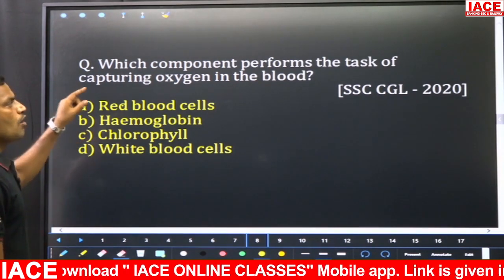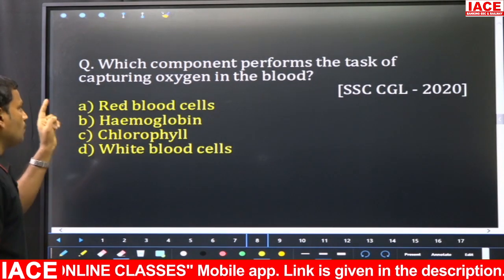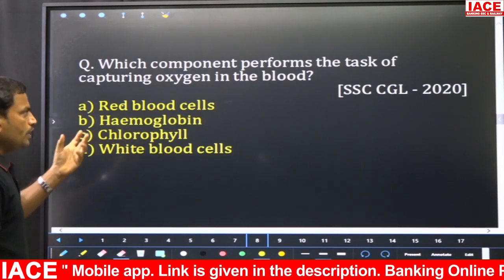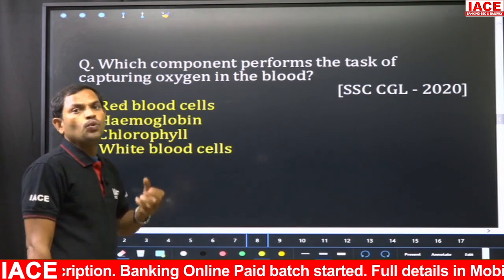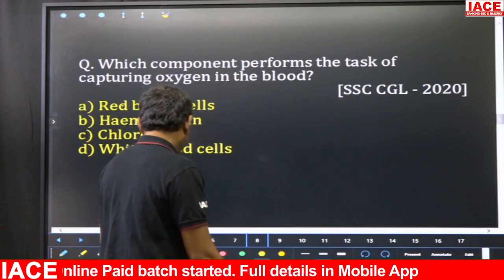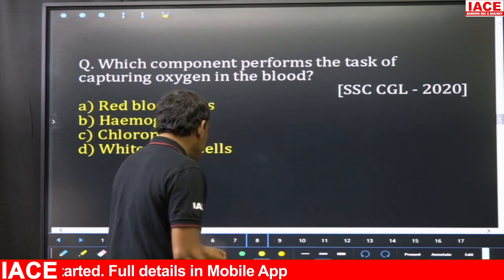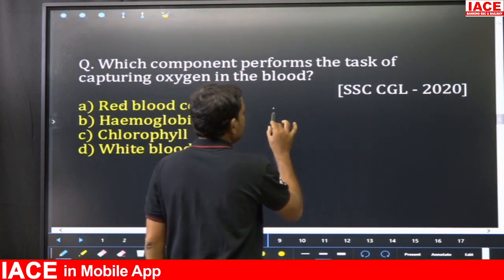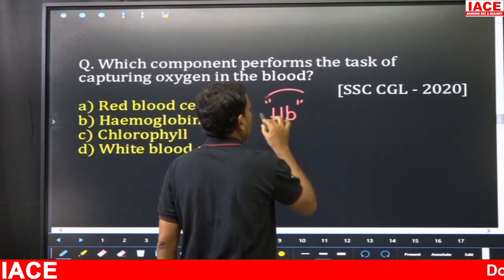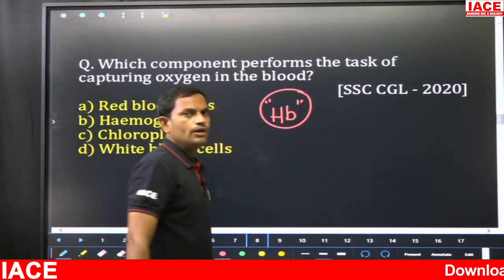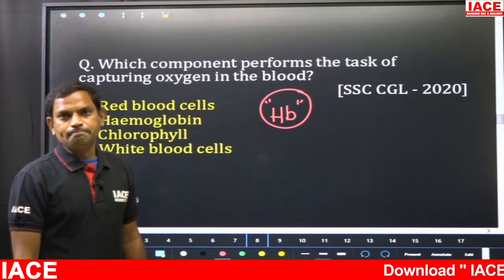Okay, so the component that performs the task of capturing oxygen. In order to absorb the oxygen that we inhale through lungs, definitely one important oxidizing pigment, that is nothing but hemoglobin, is required. Remember, hemoglobin can be denoted with Hb, right?